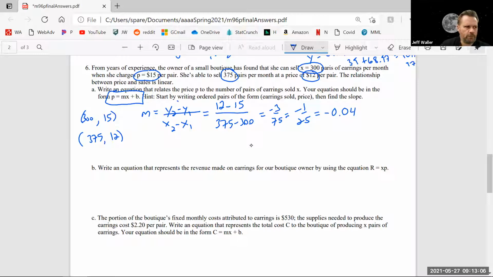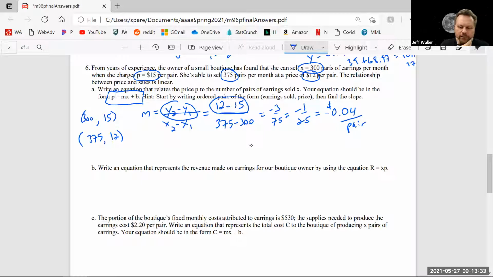What units are the Y's in? The Ys are in dollars per pair. And then the X's are in amount of pairs.